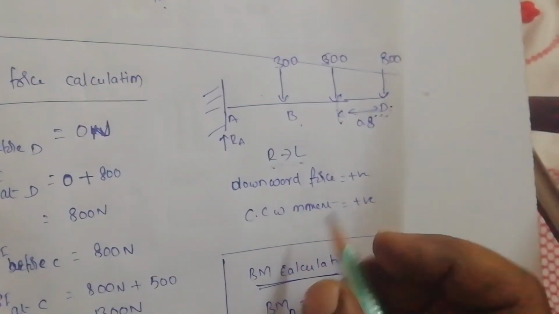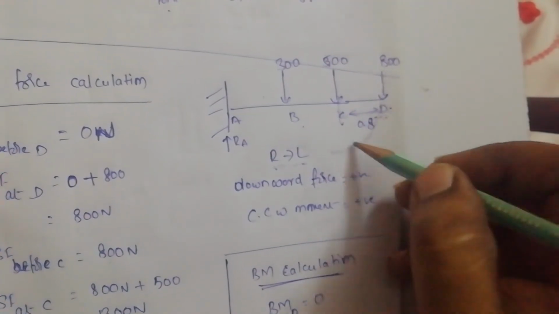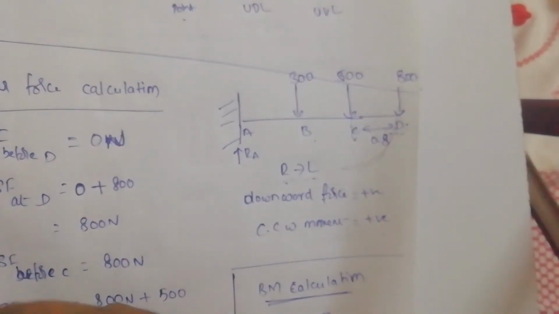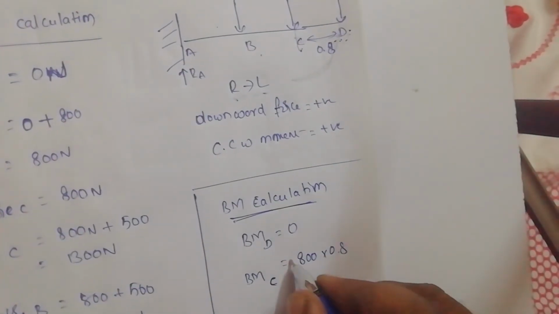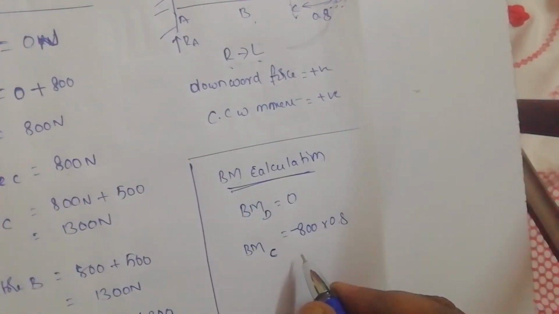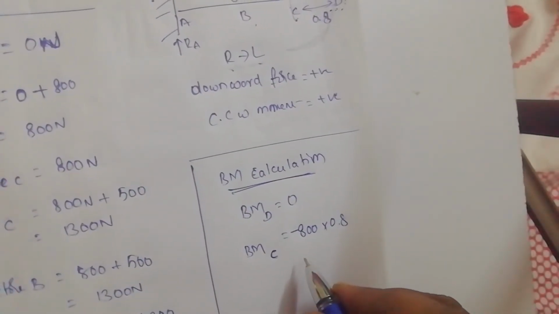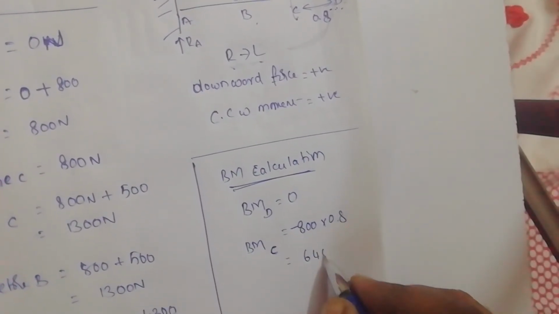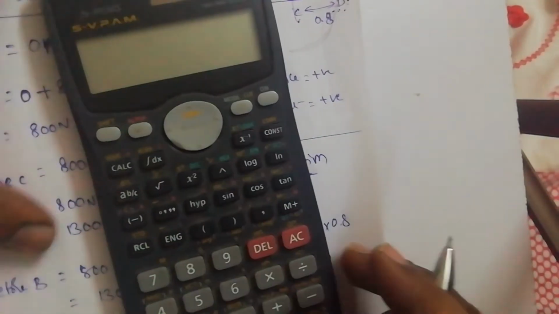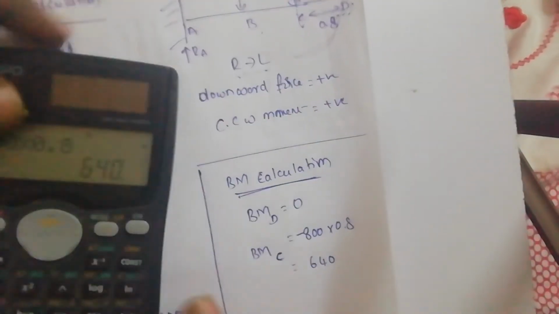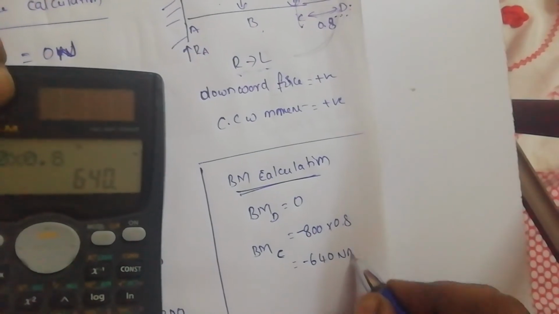Since this load is moving in this way, this type of movement is nothing but a clockwise movement. So when we have written here counterclockwise positive, it means clockwise is negative. So the value of that is nothing but 640. You can use the calculator, you will get the answer 800 into 0.8, so you will get minus 640 Newton meter.